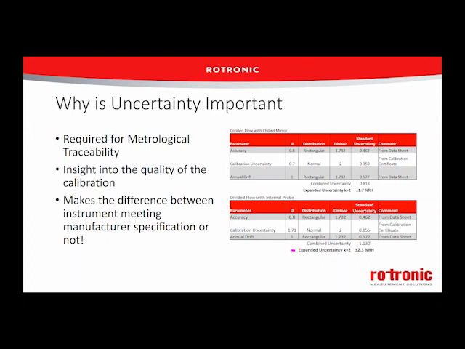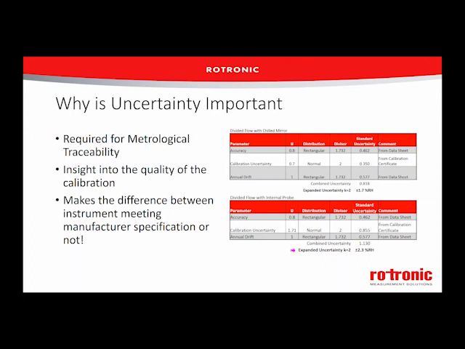This uncertainty on the calibration certificate also gives you a good insight into the overall quality of the calibration. If you've got a very tight uncertainty on your certificate, that's indicating that the lab is doing a lot to reduce their uncertainties and control everything as much as possible, and that's going to give you a better performing instrument at the end.